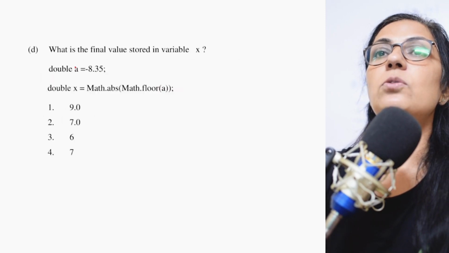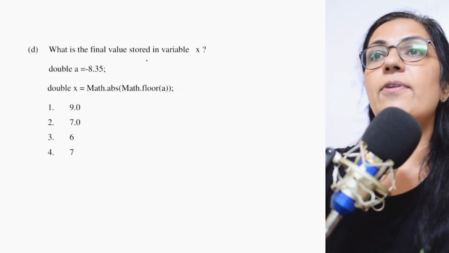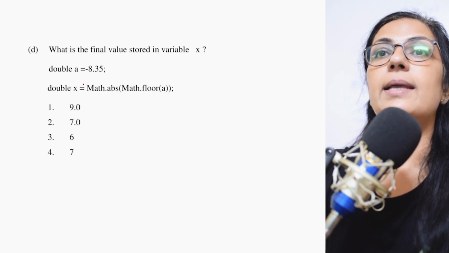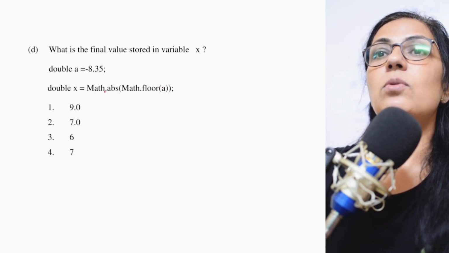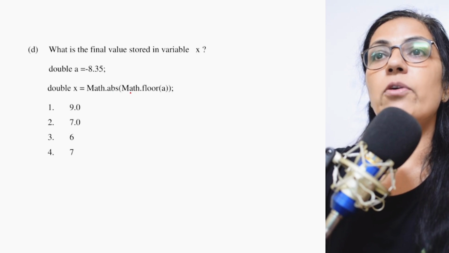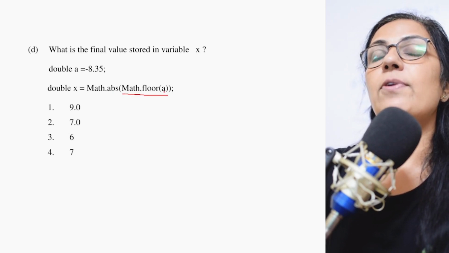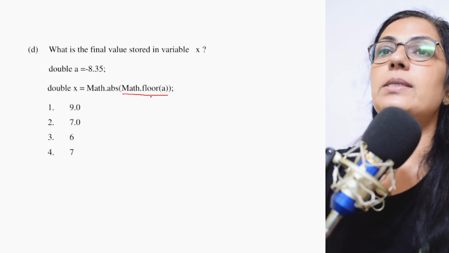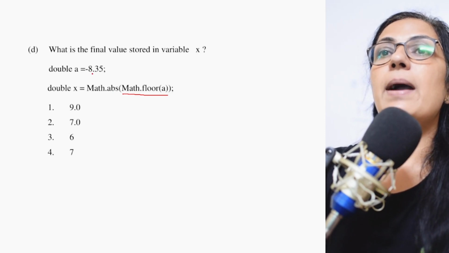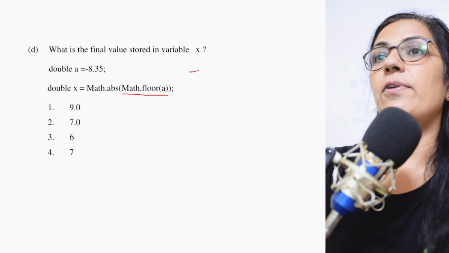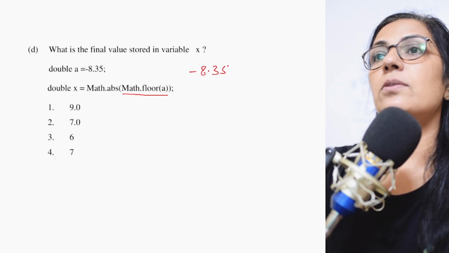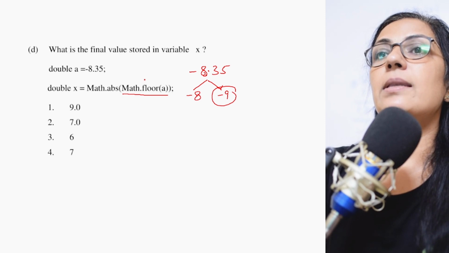Now we move on to question number D. What is the final value stored in variable x, where x is equals to Math.abs of Math.floor of a? Children, Math.floor function gives you the nearest lowest integer. So here minus 8.35: the nearest integers are minus 8 and minus 9, and the lowest one is minus 9.